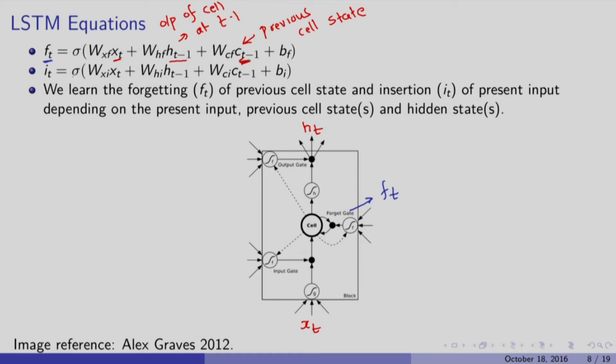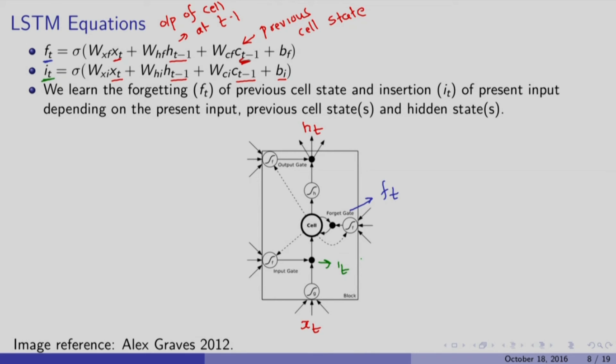Similarly, we have the input gate which is affected by xt, ht minus 1, ct minus 1, the previous cell state, the output of cell at t minus 1 and the current input with its own bias Bi, and this is where you have the input state being determined, IT, the input gate.